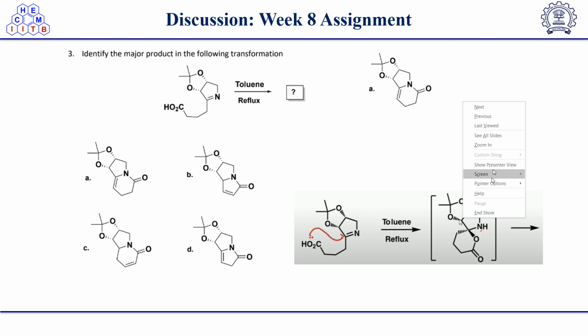Yes, what I said was correct. This particular nitrogen lone pair will attack this electron deficient, electrophilic carbonyl carbon center, and as a result this bond will shift and this bond will be eliminated, resulting in a 1 2 3 4 5 6 membered ring.